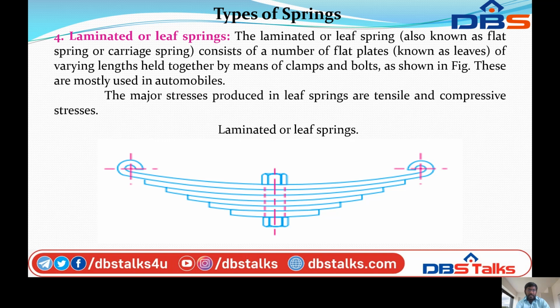The laminated or leaf spring, also known as a flat spring or carriage spring, consists of a number of flat plates known as leaves of varying length held together by means of clamps and bolts as shown in the figure. These are mostly used in automobiles. The major stresses produced in leaf springs are tensile and compressive stresses.